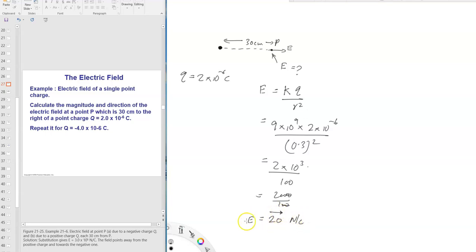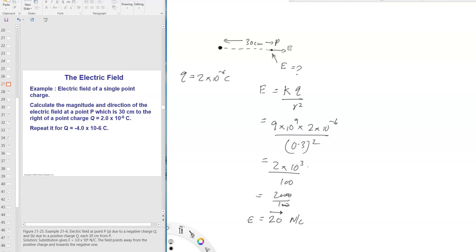So this is what I have. All right. So go ahead and repeat the question for a negative charge and see what the electric field is. It should be pointing in the other direction.